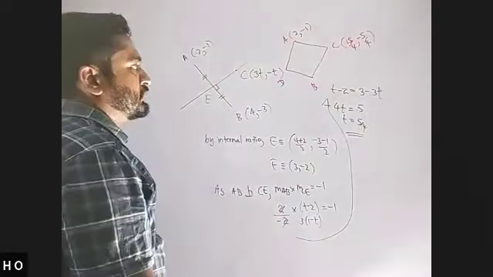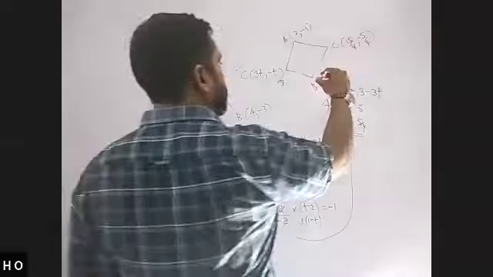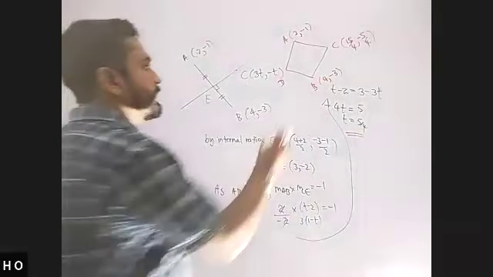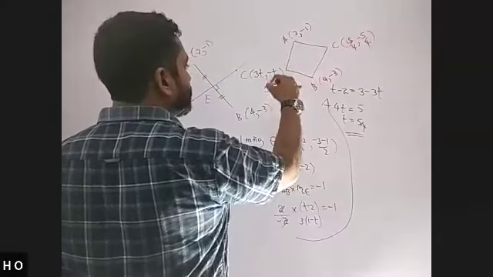That is C. Then B is (4, -3). We don't know about D, by the way. Let us mark D there.